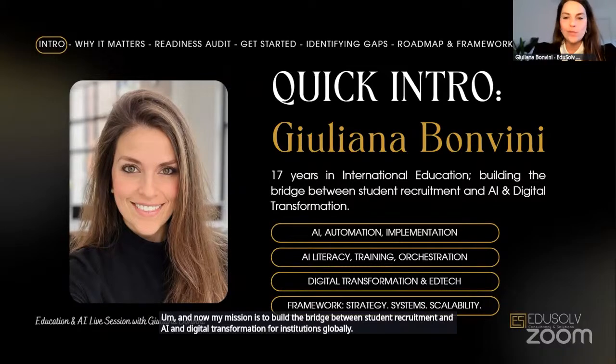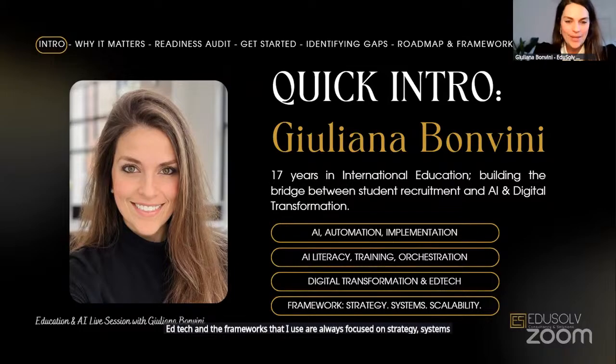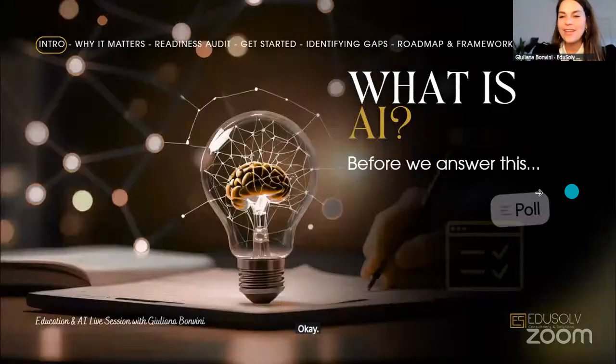My focus is on AI, automation, implementation, AI literacy training, orchestration, EdTech, and the frameworks that I use are always focused on strategy, systems, and scalability.